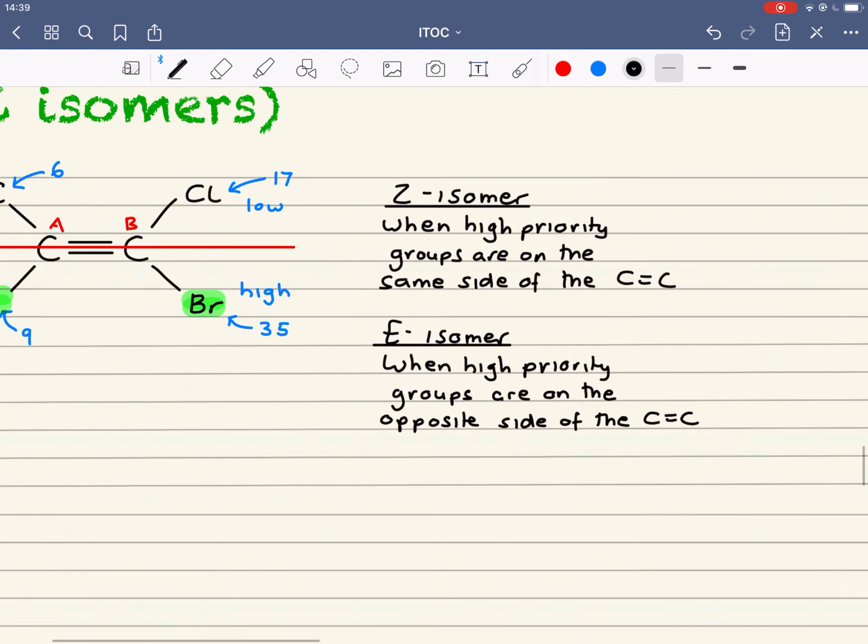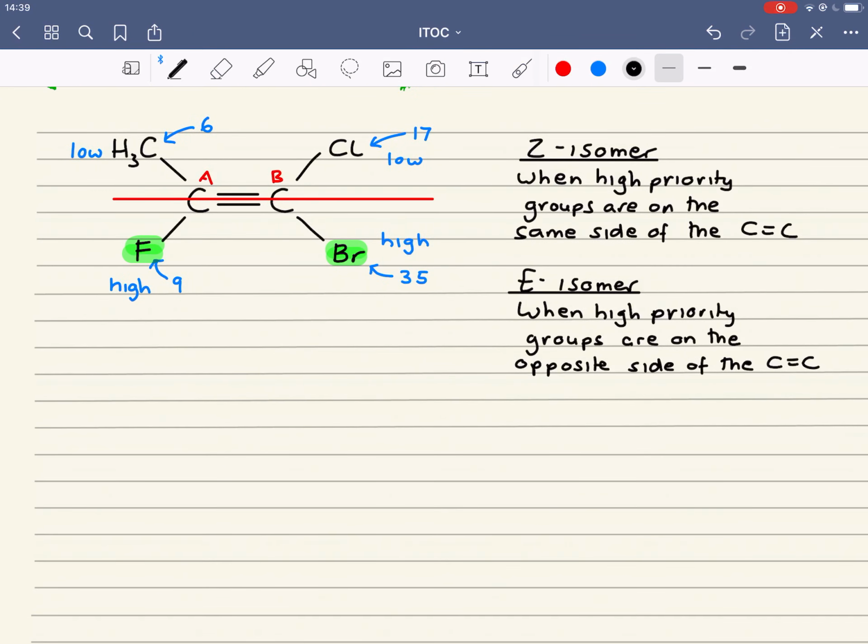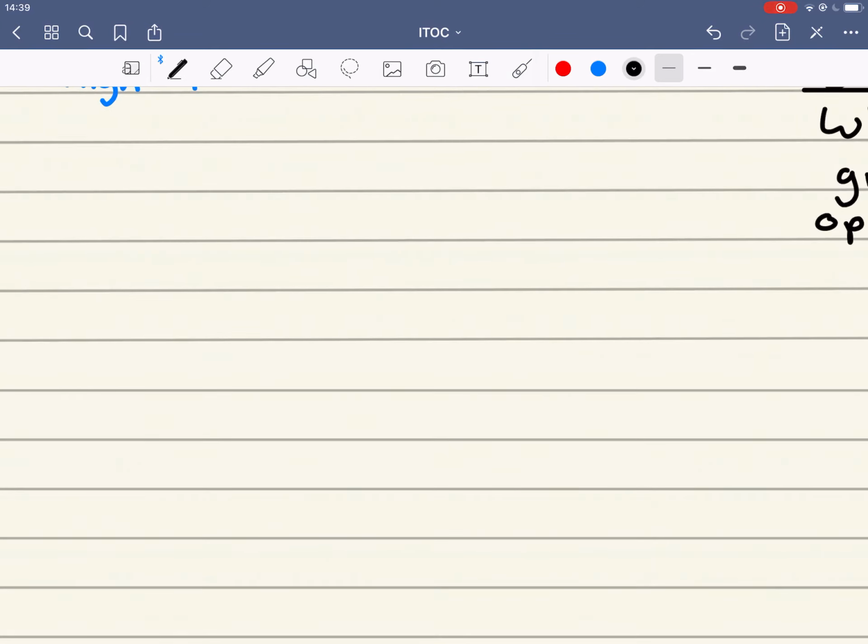So let's have a look at another molecule and see if we can assign these Cahn-Ingold-Prelog rules to say whether we've got the E or Z isomer. So again, draw my carbon-carbon double bond and then my 4 bonds here. 120 degree bond angles here and here.